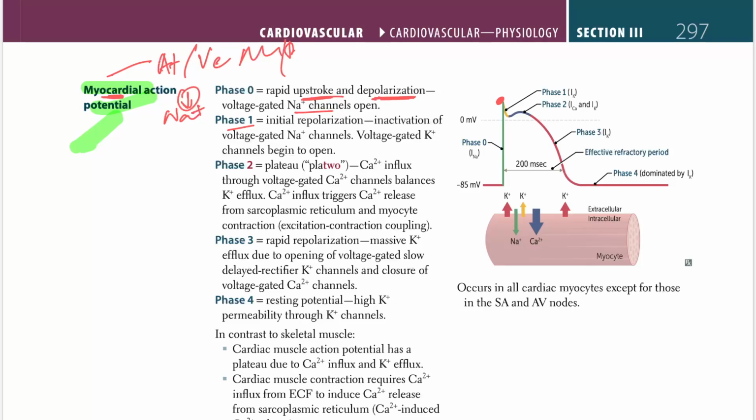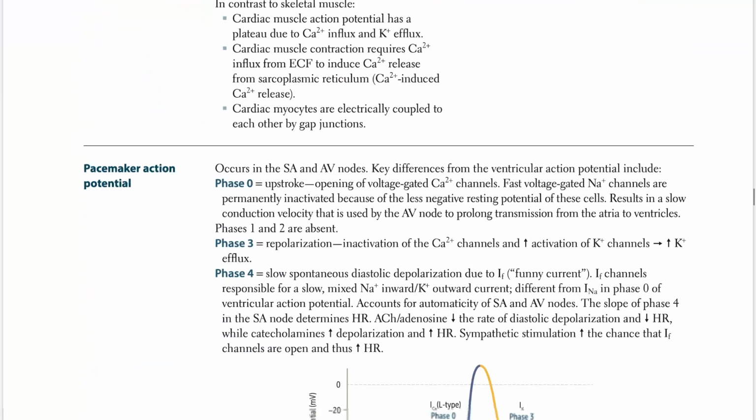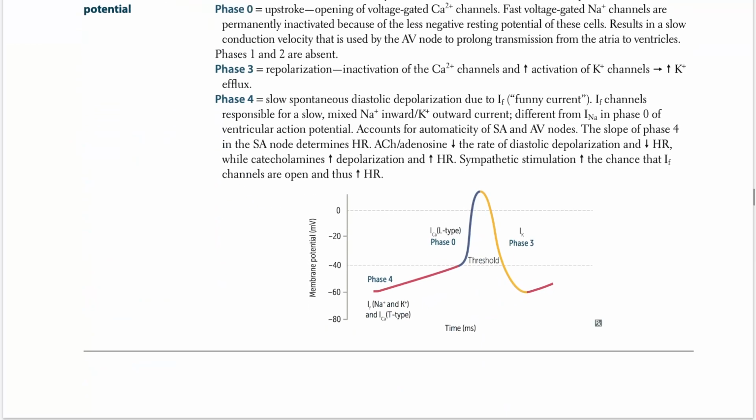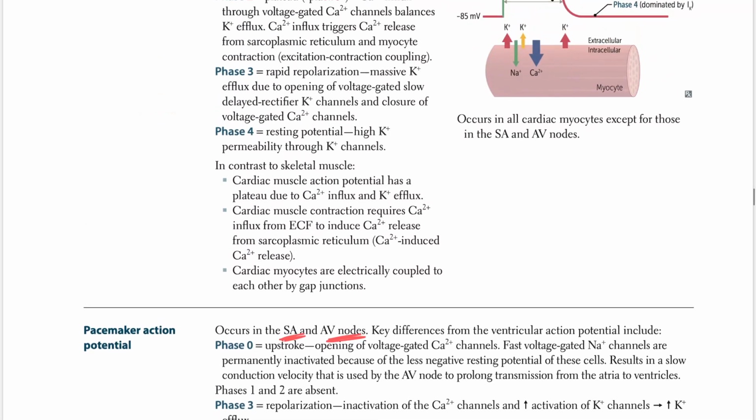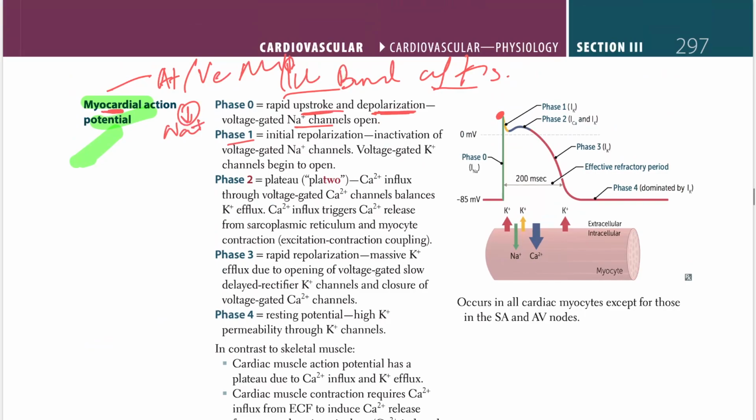Even high yield is this: the bundle of His and Purkinje also go through the same action potential, because the other one, which is right here, this pacemaker action potential, is just the SA and AV node. So all the rest is this myocardial action potential.